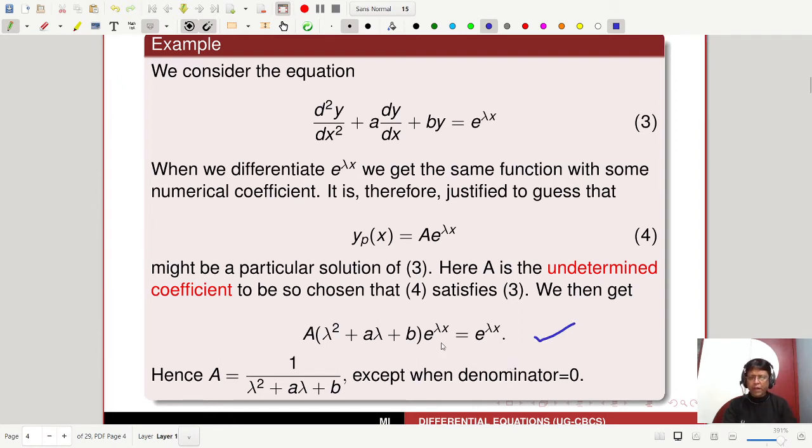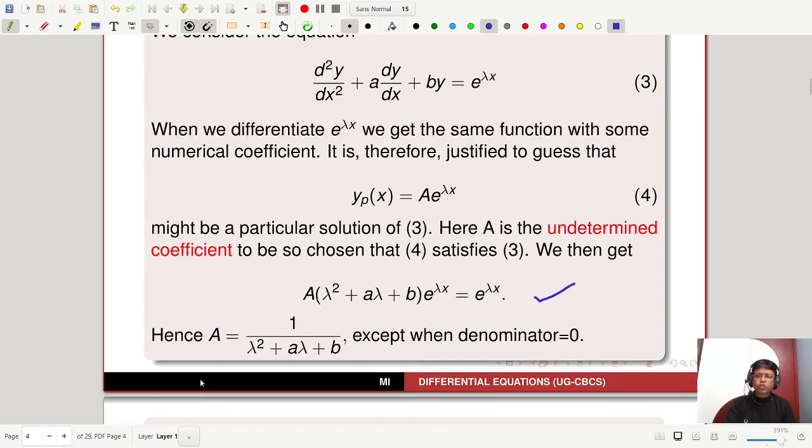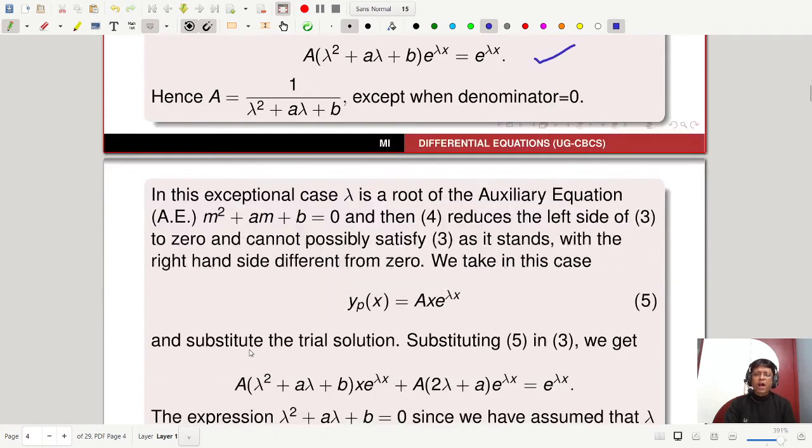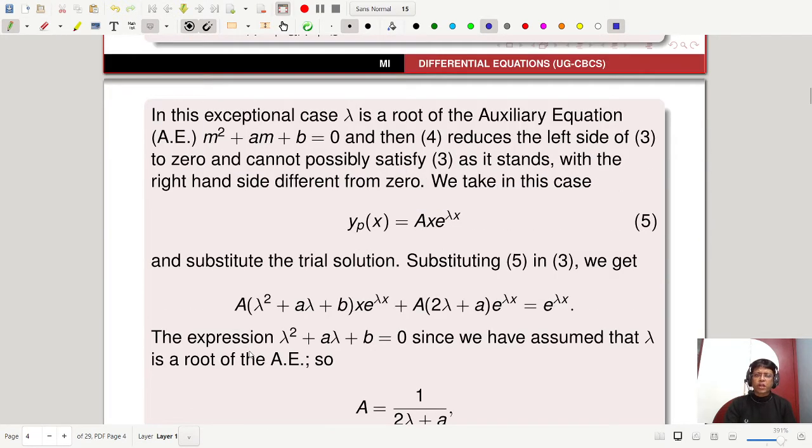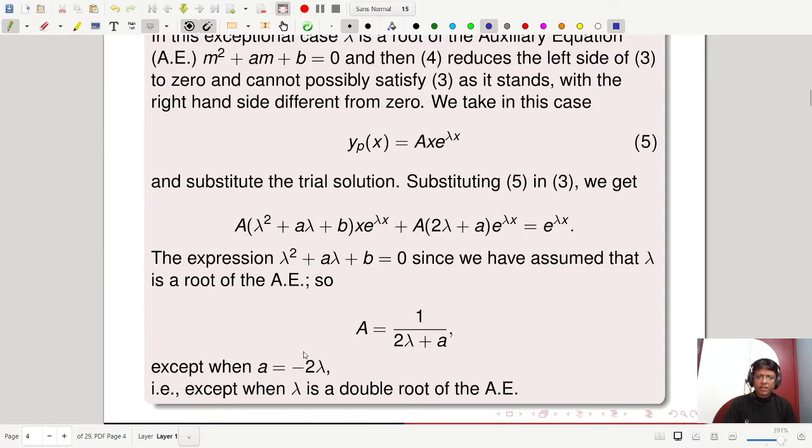And e to the power lambda x is not equal to 0. So you get A equal to 1 by lambda square plus a lambda plus b, except when the denominator is 0. This is the value of A except when the denominator is 0. In this exceptional case, lambda is a root of the auxiliary equation.